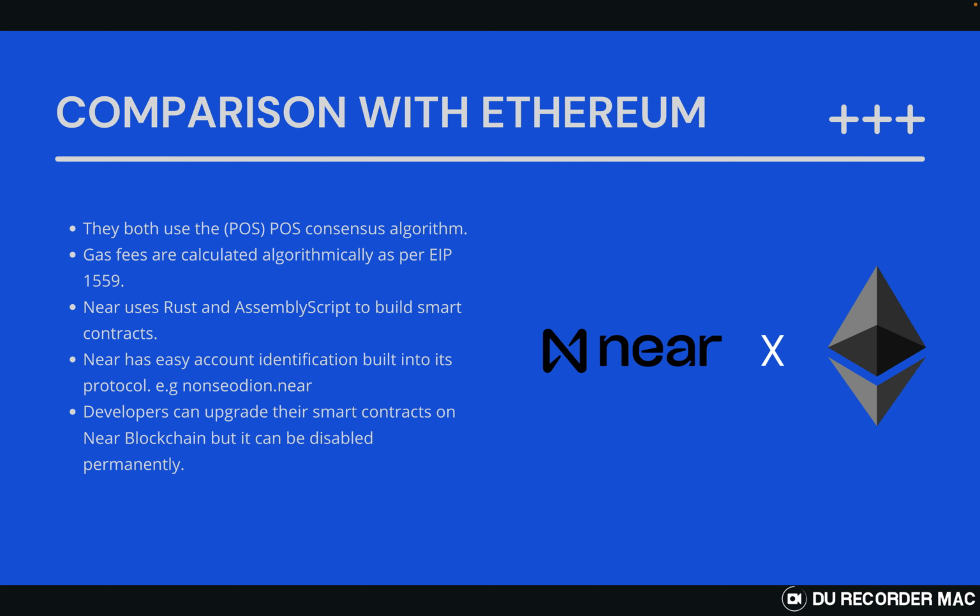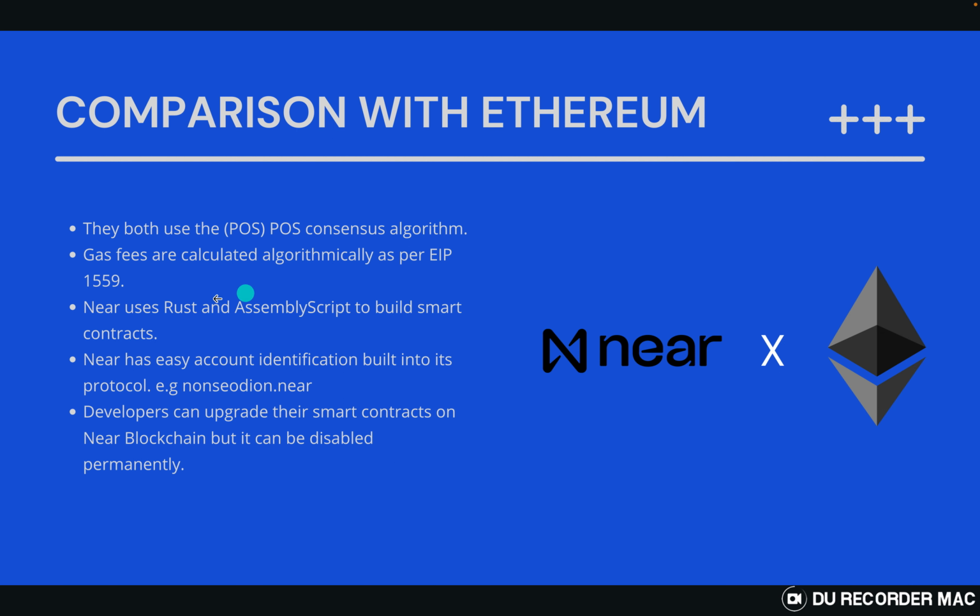The base fee for the gas fee on Ethereum is also calculated algorithmically. Ethereum uses a simple algorithm where the base fee will increase or decrease based on block usage, based on network usage. And NEAR also has its own implementation where the gas fees are calculated algorithmically, right?